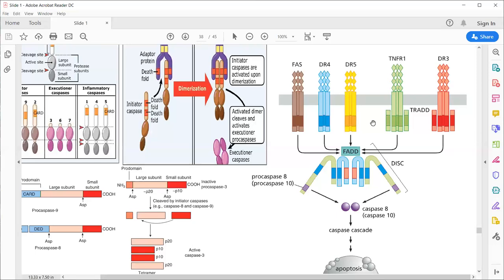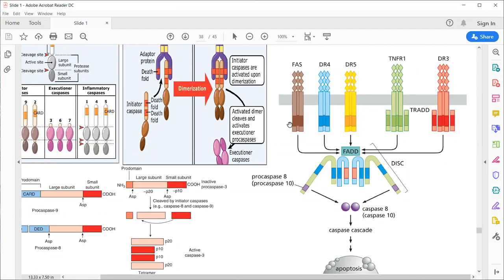Normally, when there is no apoptotic signaling being perceived by the cell, the receptors are present in their monomeric configuration in the plasma membrane. Whenever there is an apoptotic stimulus, the receptors tend to trimerize. These trimeric receptors then recruit the adapter proteins, here the blue ones.